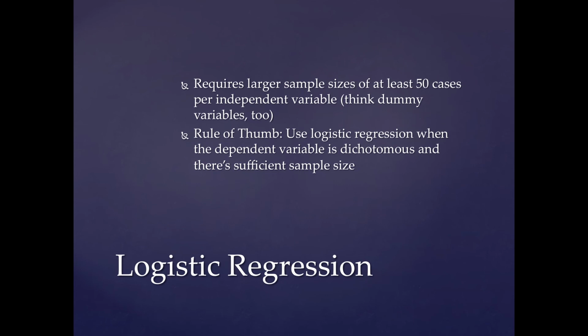The issue with logistic regression is it requires larger sample sizes. I think of at least 50 cases per independent variable. And you've got to think about dummy variables from way back in 5500. If you wanted to use as a predictor, let's just say, region: northeast, southeast, northwest, and southwest.